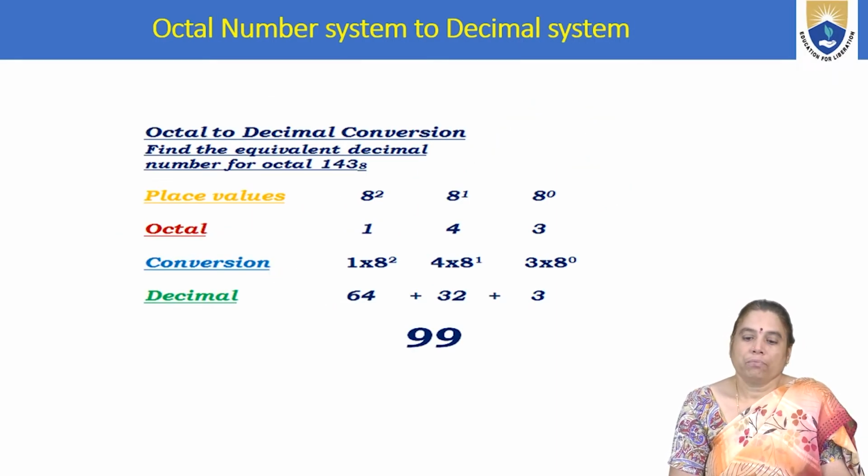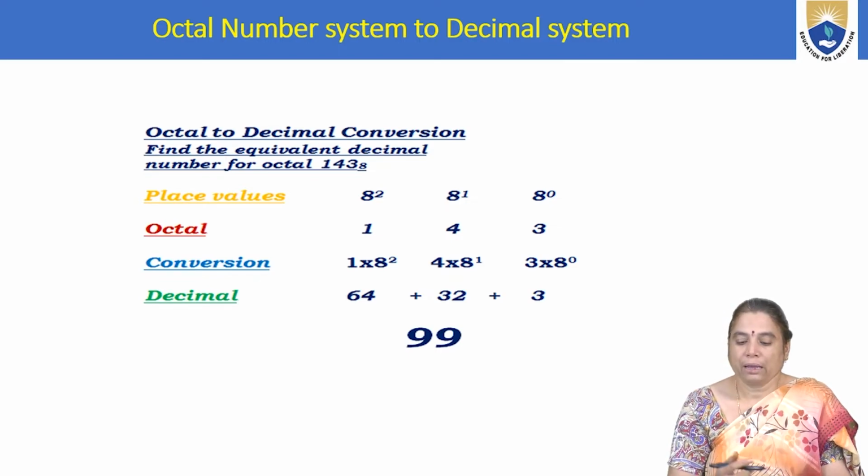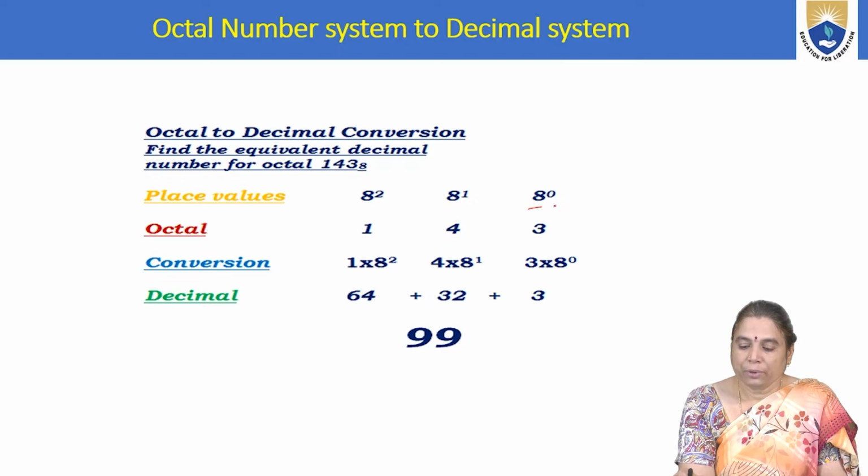How are octal numbers converted into decimal? The base value for the octal number system is 8, and this base value and the positional value have to be used in the conversion of an octal number to the decimal number system. So the first position value is 8 power 0, 8 power 1, 8 power 2.